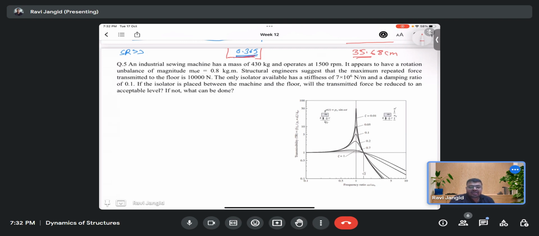It appears to have a rotating unbalance, with unbalanced mass times eccentricity m0 e of 0.8 kilogram meter. The structural engineer suggests that the maximum repeated force transmitted to the floor is 10,000 newton. The only isolator available has a stiffness of 7 into 10 raised to power 6, and the damping ratio is 0.1. If the isolator is placed between the machine and the floor, will the transmitted force be reduced to the acceptable level? If not, what can we do?